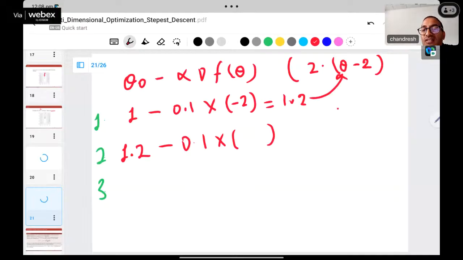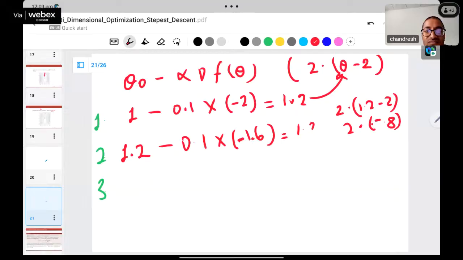You'll get 2 times (1.2 minus 2), which is minus 1.6. Times 0.1 gives 0.16. Then you add 1.2 plus 0.16.